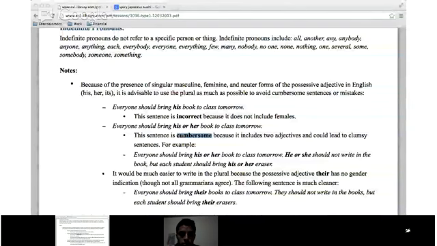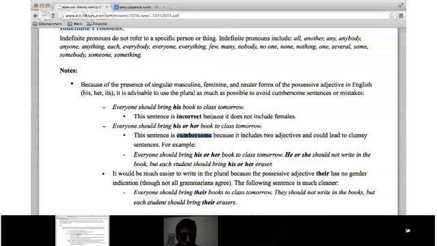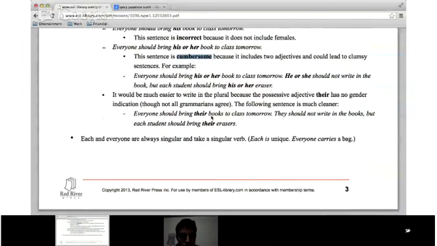Let me have Shadan continue. Go ahead and start where it says, for example, and read down to the bottom. For example, everyone should bring his or her book to classroom tomorrow. He or she should not write on that book, but each student should bring his or her eraser.